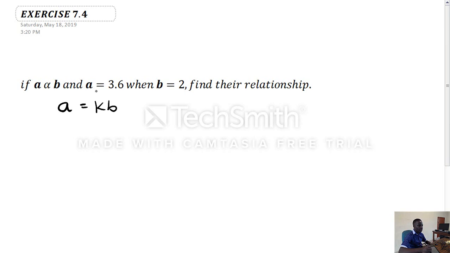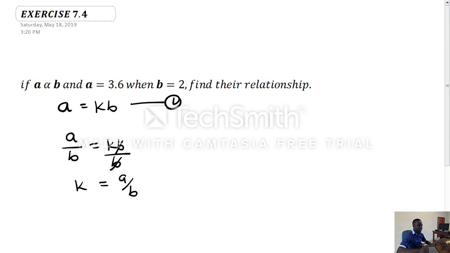I'm going to call this equation 1, make k my subject of the formula by dividing both sides by b. So we'll have it that a over b is equal to kb over b. b will cancel b, leaving us with k is equal to a divided by b.